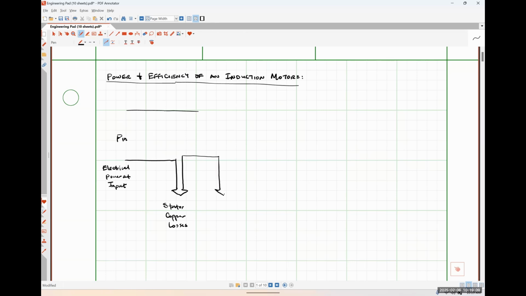So we're going to have core losses, just like we saw in a transformer. I'm going to put a dashed line here. So we've effectively described all of the losses that are occurring in our stator.